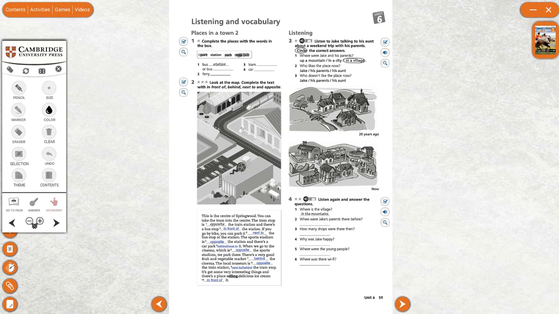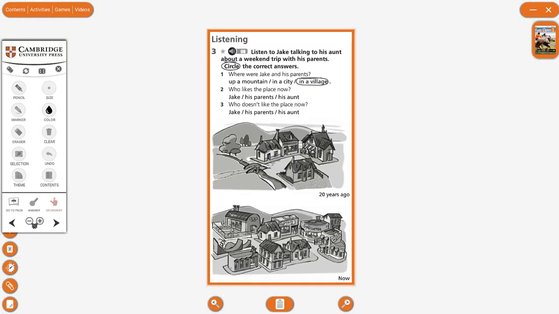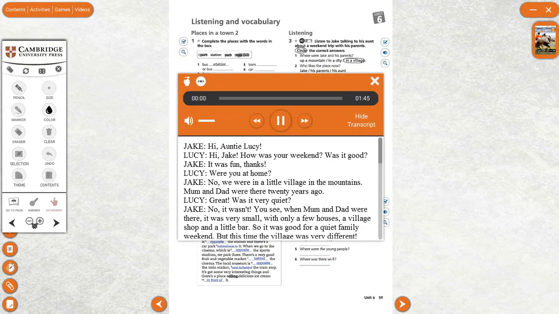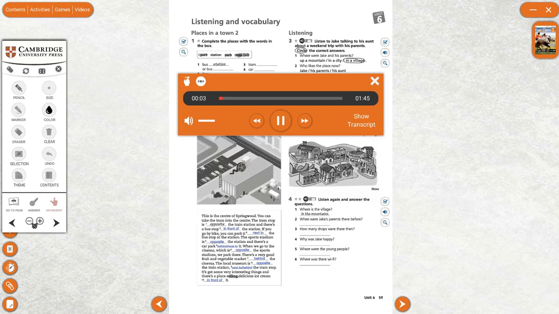Now look at exercise 3. Listen to Jake talking to his aunt about a weekend trip with his parents. Circle the correct answer. Now firstly we will listen, then circle the correct answer. Track 8. Listen and circle.